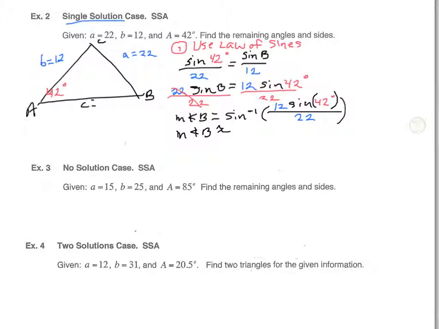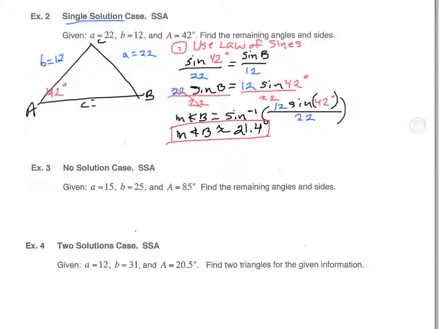And you get an actual answer. If this were a no solution, your calculator would give you some sort of error. Because we get an actual value for angle B, we round to 1 decimal place and get 21.4 degrees.